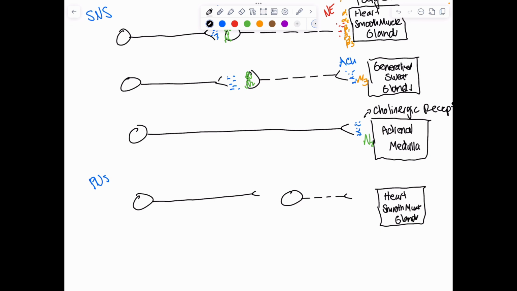And so this one will go, and it'll synapse, release ACH, and then it'll go to the N2, it'll go and release some more ACH, and this time it has muscarinic receptors, M1 through M5.